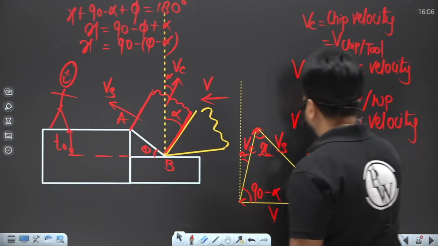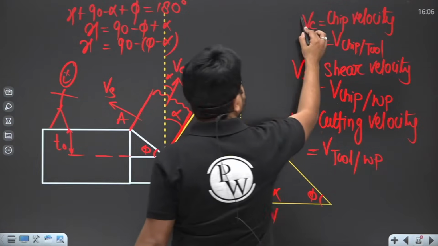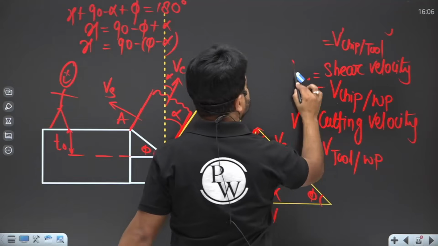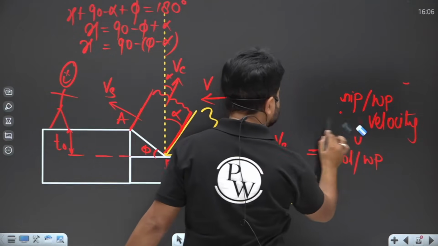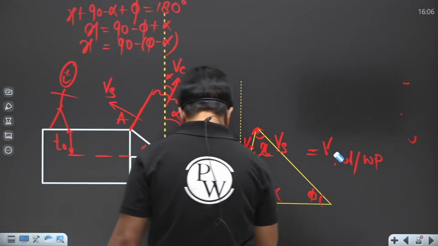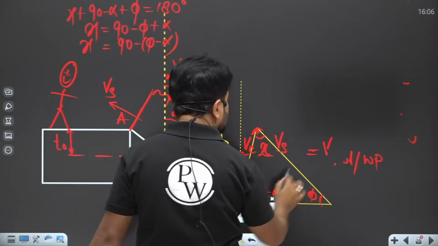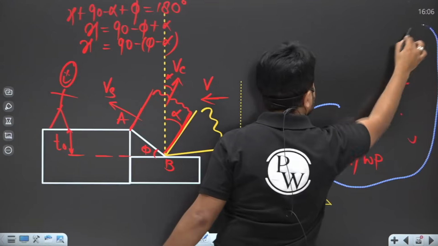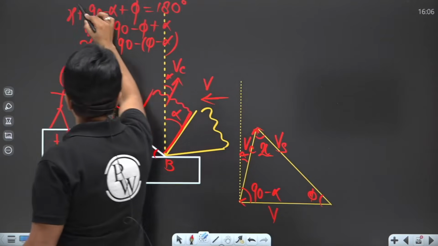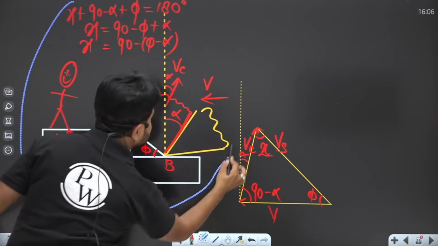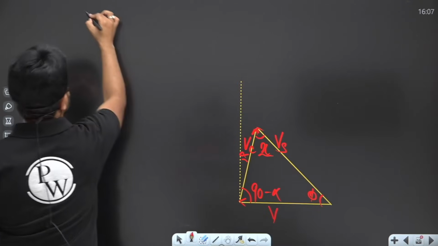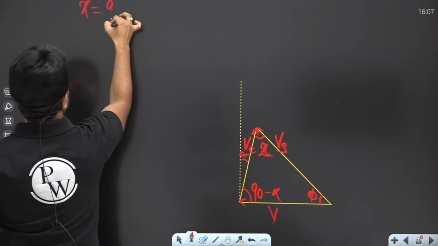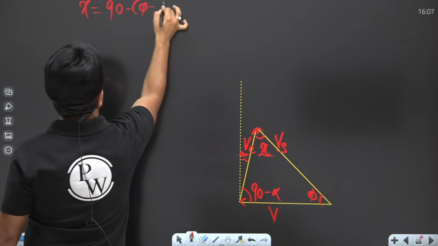Now I'm going to remove these. Now what was x? x equals 90 minus phi minus alpha.